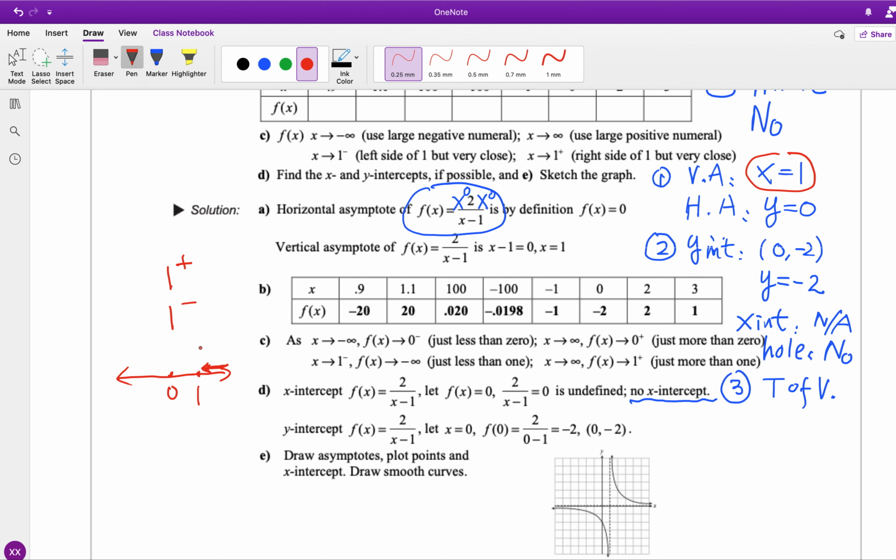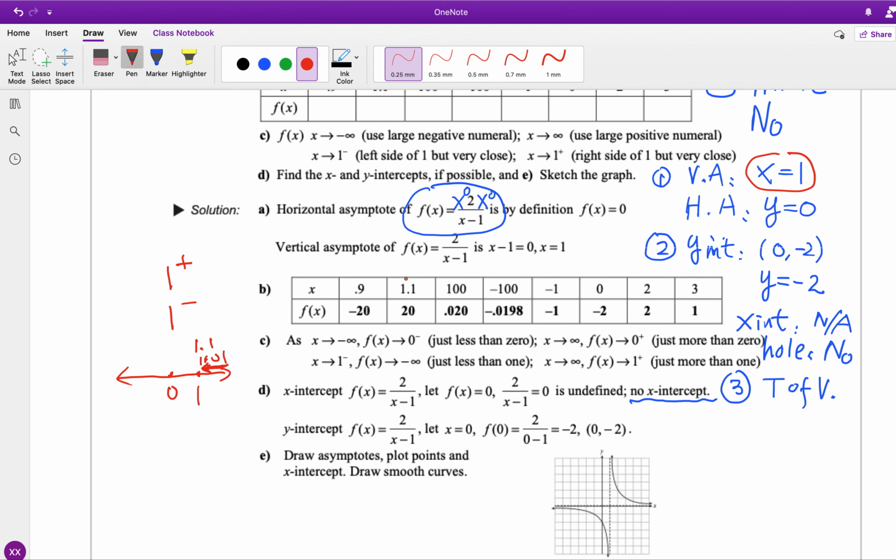So for example, 1.1 is larger, and 1.01 is even better because it's even closer to 1 than 1.1. But 1.1 is probably already good enough.